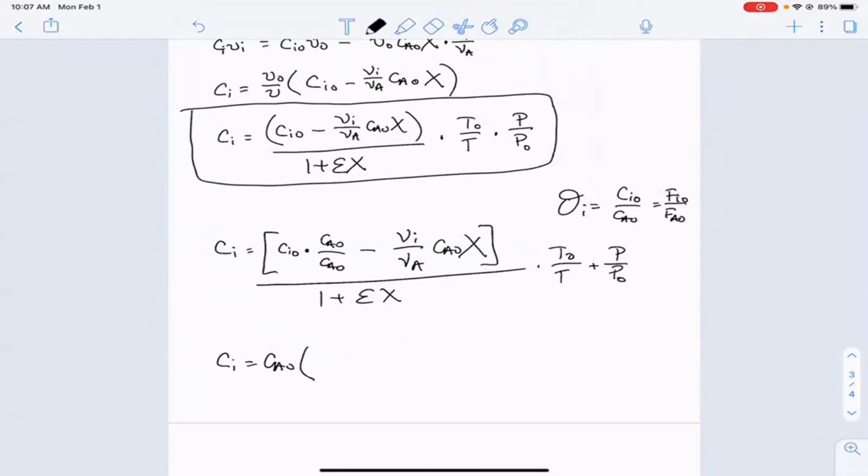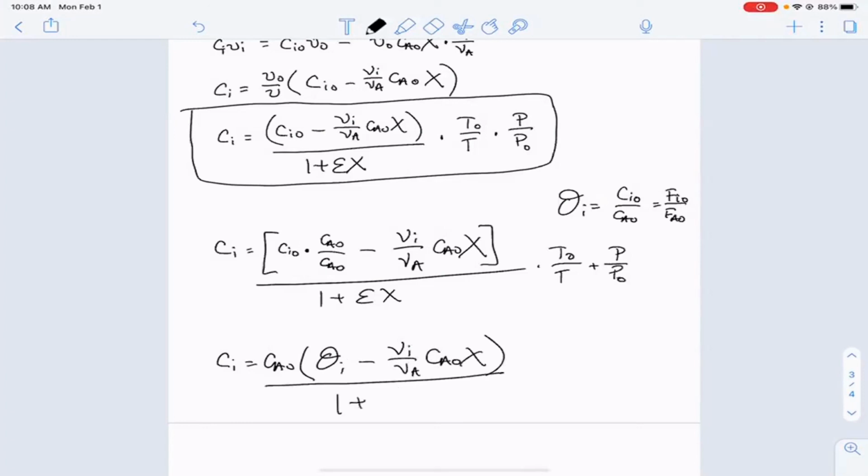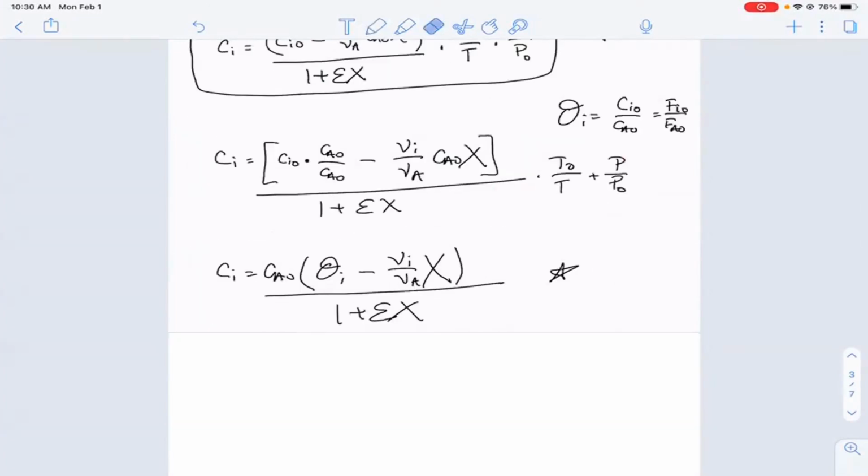So that just becomes multiplied by theta I minus the ratio of the stoichiometries times Ca0x over 1 plus epsilon x. Okay. And actually, there is a small mistake here. There we go.